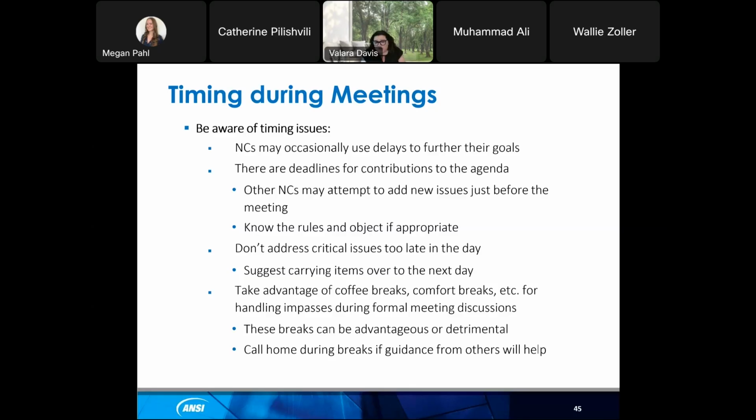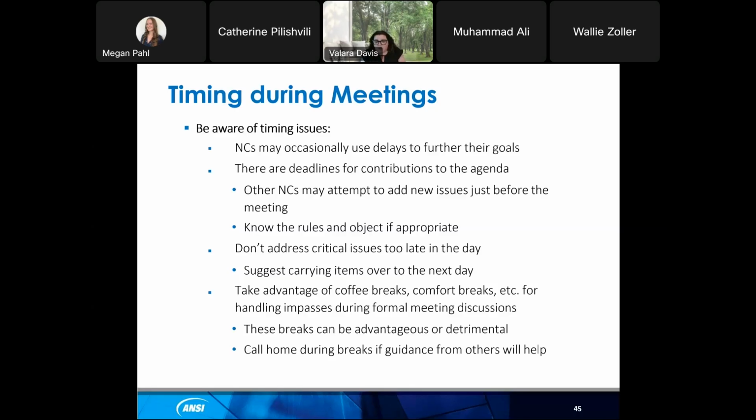It's important to also understand what the deadlines are to contribute to the agendas. There are specific deadlines for plenaries where things have to be put onto the agenda and circulated. So make sure you know what those timeframes are if you're going to be submitting any positions.